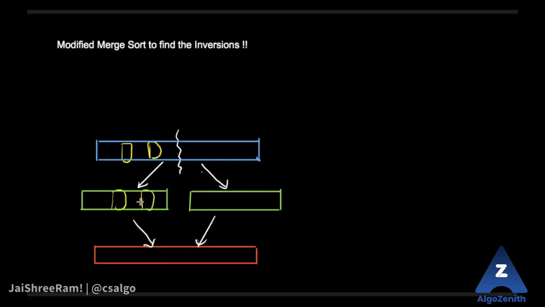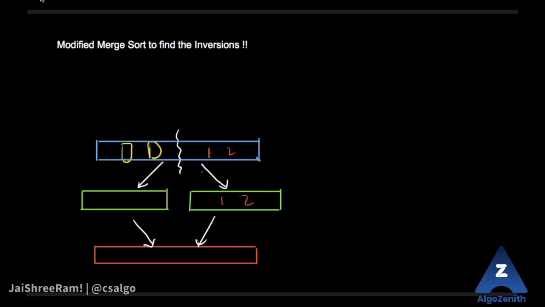come somewhere over here. Similarly, if we talk about a pair which has one of its elements on this side and another one on this side as well. If both of them are over here, like 1 and 2 both are over here, it will appear somewhere over here as well.